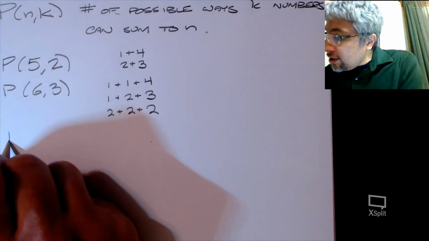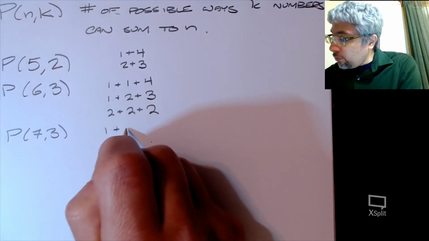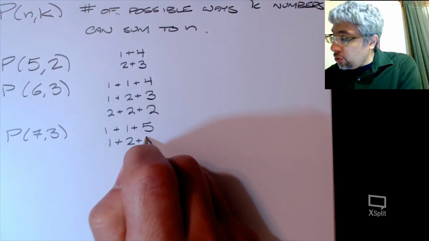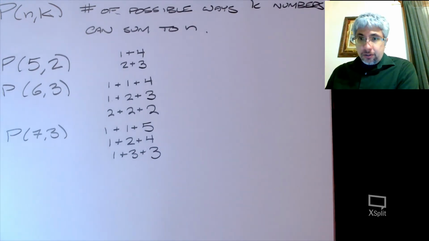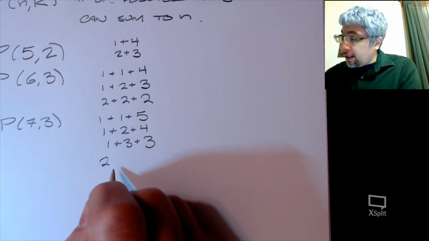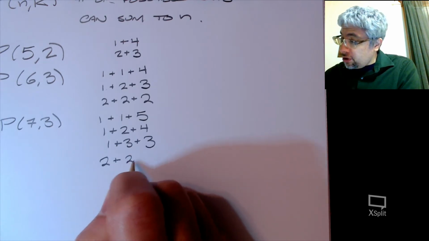So now let's try and do P(7, 3). Okay, so I could have 1 plus 1 plus 5, 1 plus 2 plus 4, 1 plus 3 plus 3. And those are all the ways that I could start with 1. Now I could have 2 plus, well, non-decreasing, so 2, 2, 3.